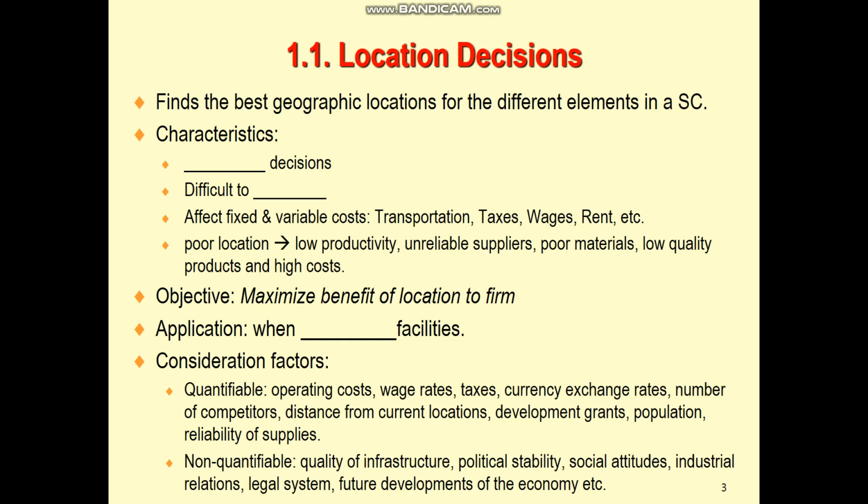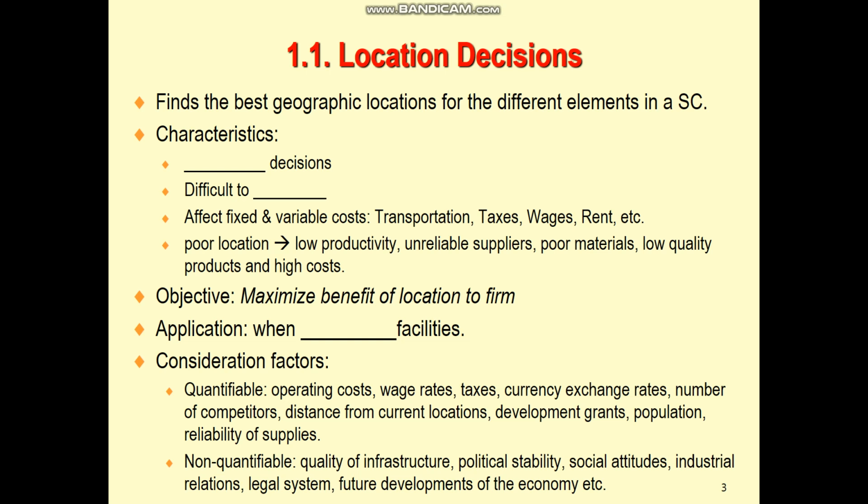For example, you want to open a new 7-Eleven branch. So you will locate it in Binh Thanh district. However, after 1 month, the revenue is not so good in that store. So can you just move to another place, move to another district, or just destroy it and build it again?